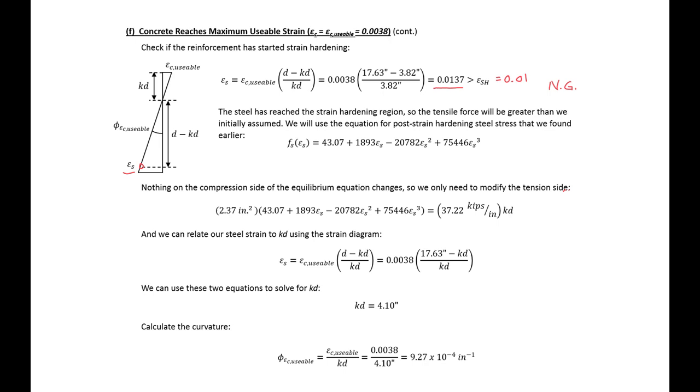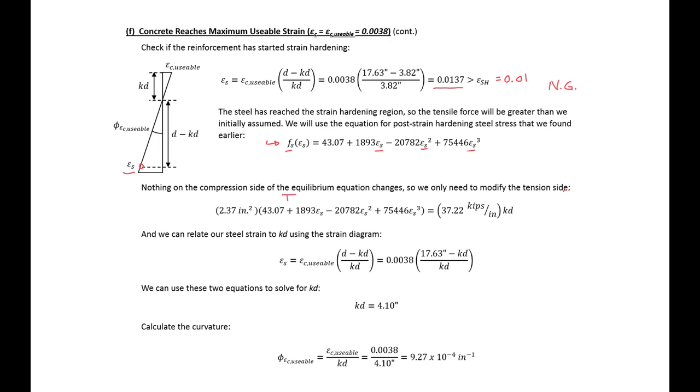What we're going to do is use the expression relating stress to strain that we came up with at the beginning of the problem in our strain hardening region. So here we have an expression relating our steel strain to our steel stress. We'll use this expression in place of Fy on our tension side.